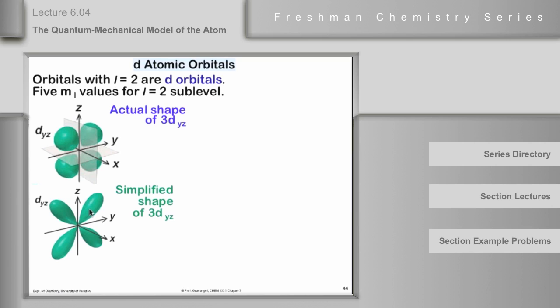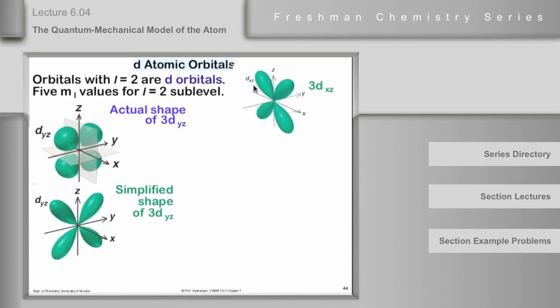It's easier on the technical artist, I guess. Okay. So that's the yz. There's an xz in which we have the 4 lobes now. A p orbital was 2 lobes like a dumbbell. A d orbital is 4 lobes like a cloverleaf.